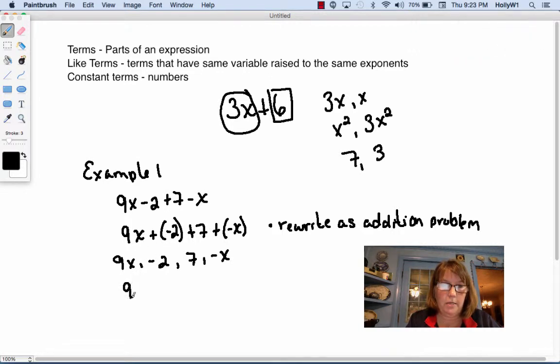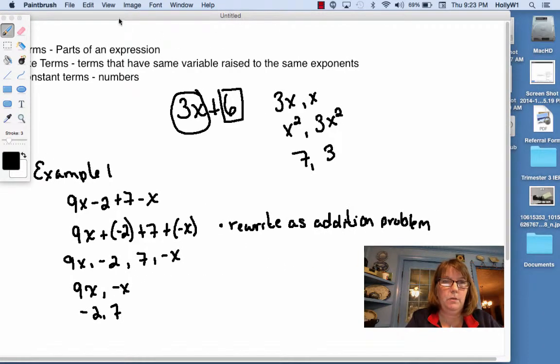So 9x and negative x are like terms, and negative 2 and 7 are like terms. Eventually, when we get to simplifying expressions, these are the things that can be combined. So that is example 1.